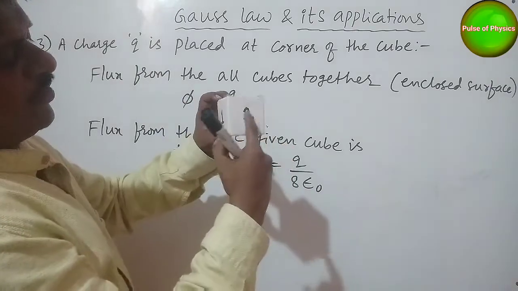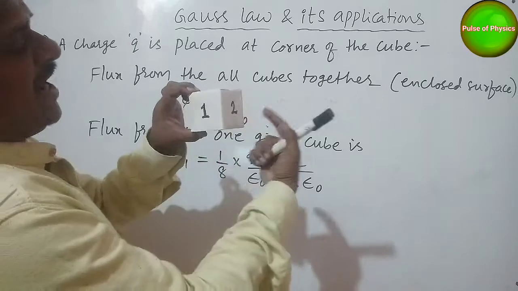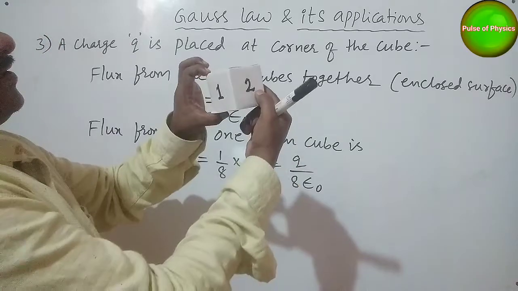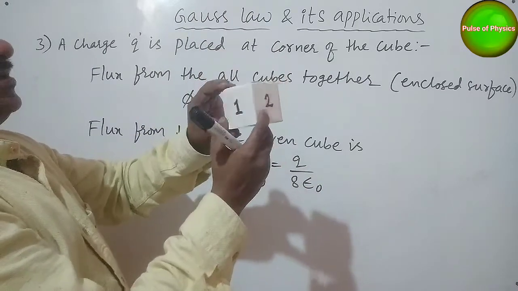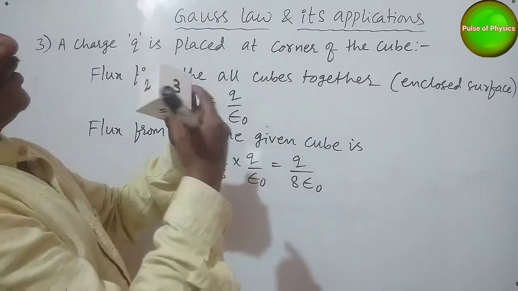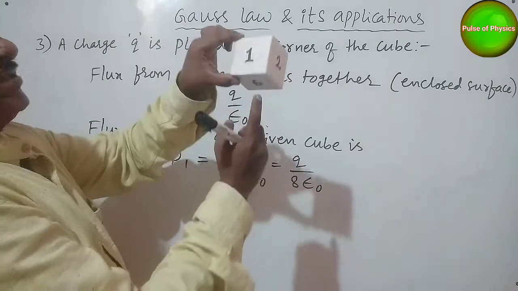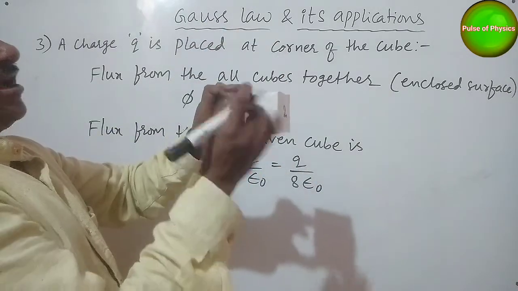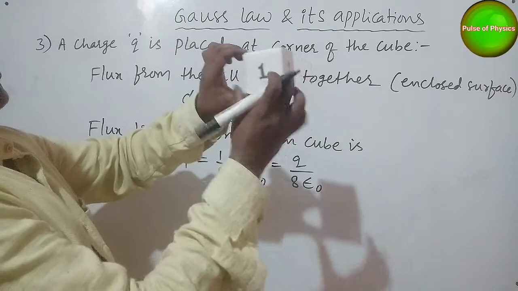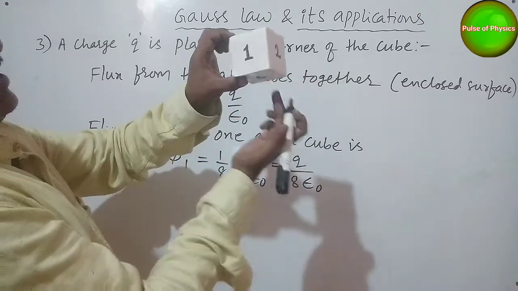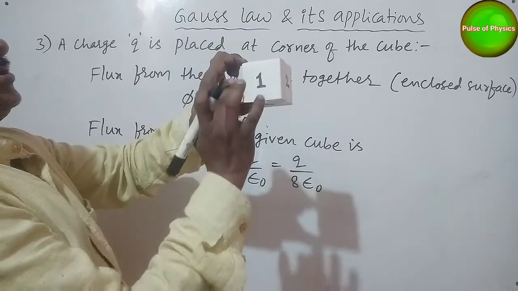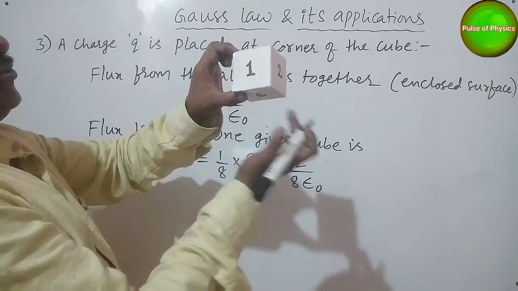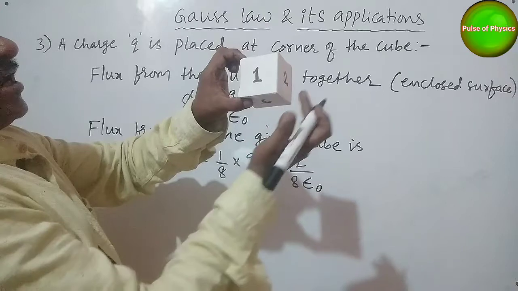This side 2, this side 3 and bottom side, right, 6. 3, 2, 6. The charge is at this corner, right? So this is not adjacent to the charge, it is opposite to the charge. So these are opposite faces.